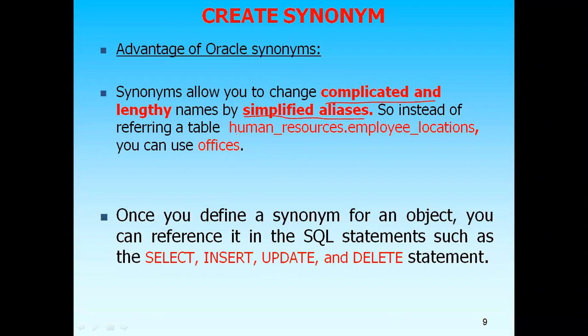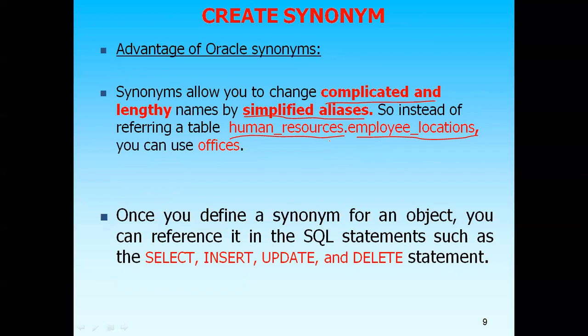Here is the example. For example, human resources is one of the users or schemas. In Oracle, the username acts as a schema name, right? So human resources is the schema. In that schema, you have created an employee location table, right? And other users also want to use this table. So you need to remember this big name along with this big table name, right?